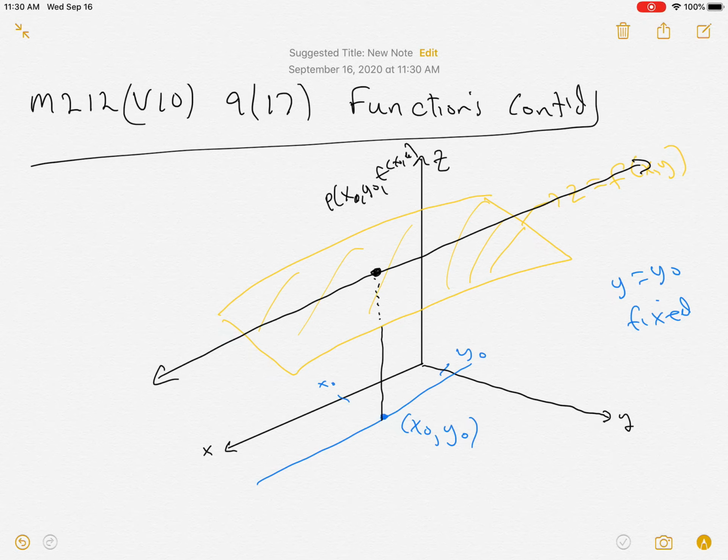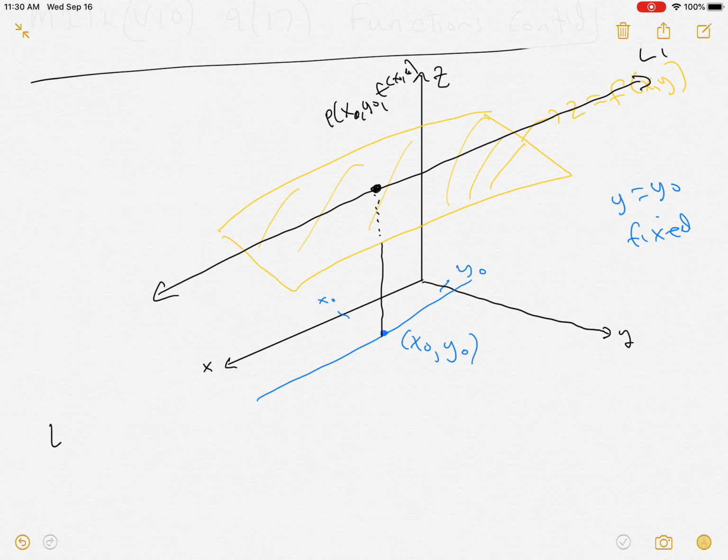All right, so this is the line. I'll call it L1. And L1 is the tangent line to the surface z equals f of x, y at the point P.